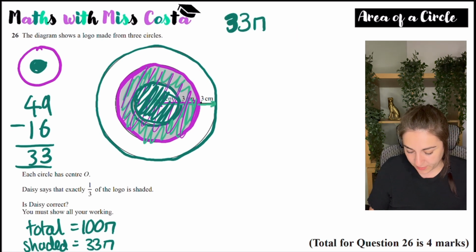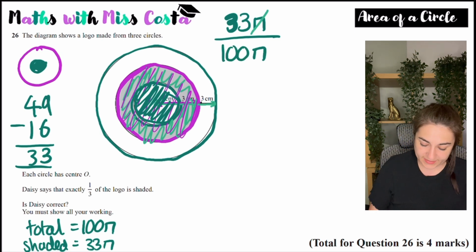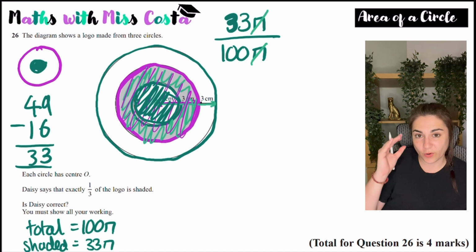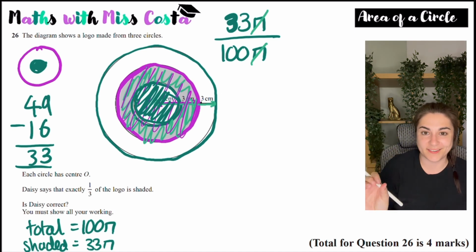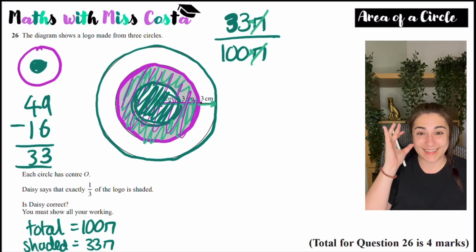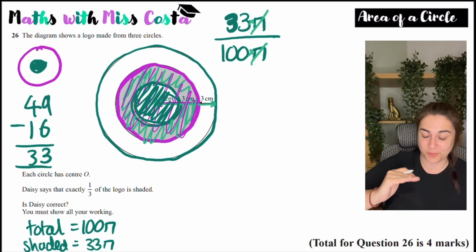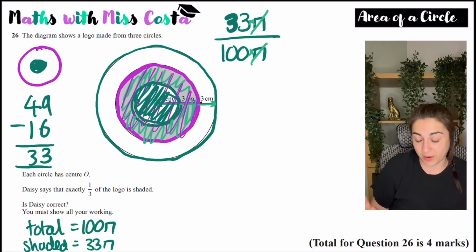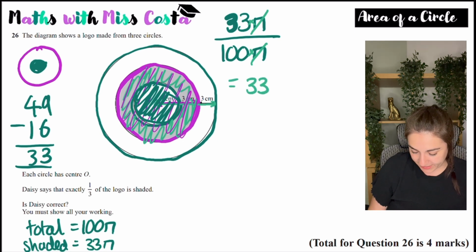So 33 pi divided by 100 pi. What I can do first is cancel out the pi. Whenever you've got a fraction and the numerator and the denominator are both products, which means everything is being multiplied, anything that's the same on the numerator and the denominator cancels out. Pi divided by pi is just 1. So that's the same as 33 over 100.